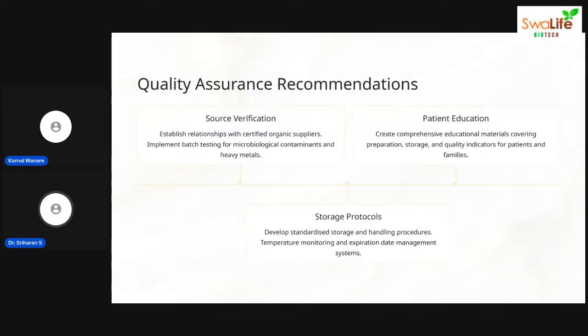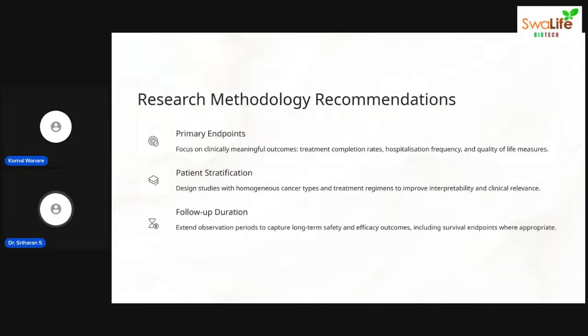And educating the patient is very important: how to take it, how to prepare it, when to take it and when not to, and how long it can be preserved. And the storage protocol: it should be a maximum of 24 hours. After 24 hours it is not advisable. If you want to take it twice a day, prepare it fresh. You should give recommendations on how to handle it and take care of it.